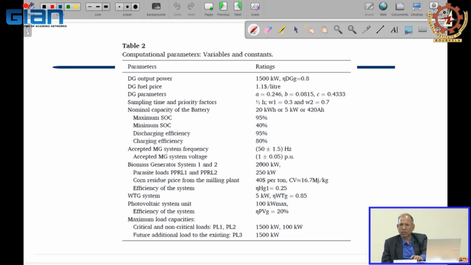In the distribution system, the permissible voltage regulation is 5%, right? In the transmission system, it can be up to 10%.